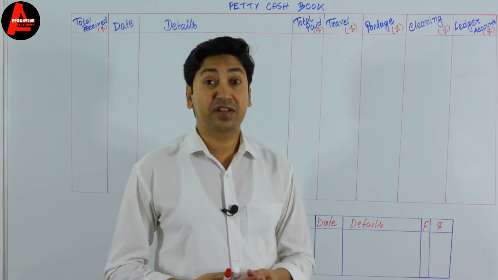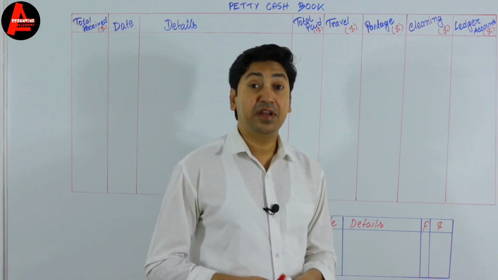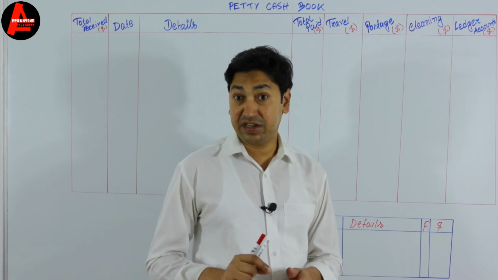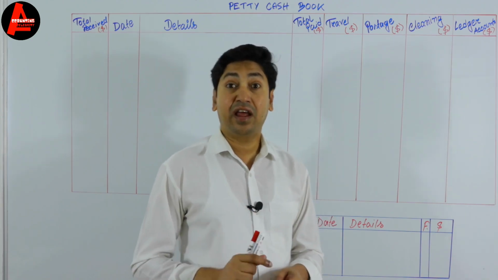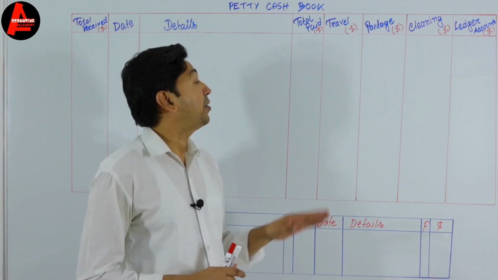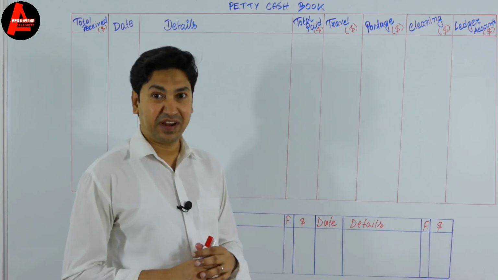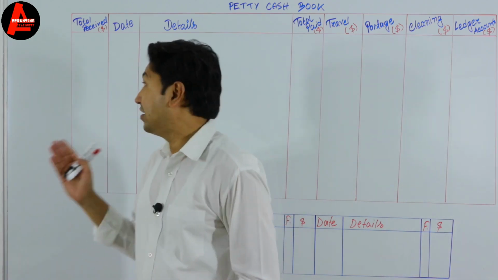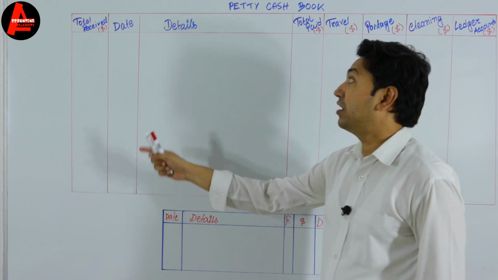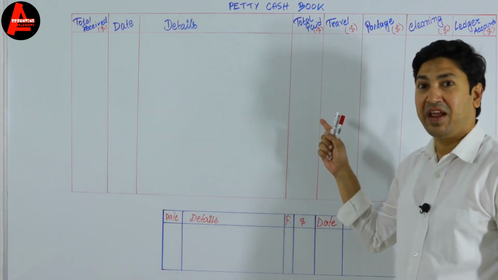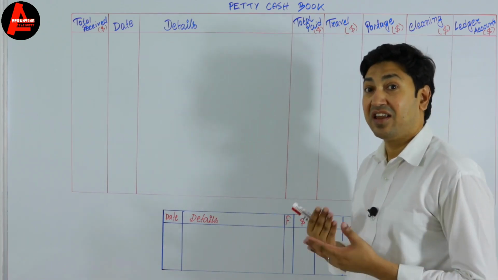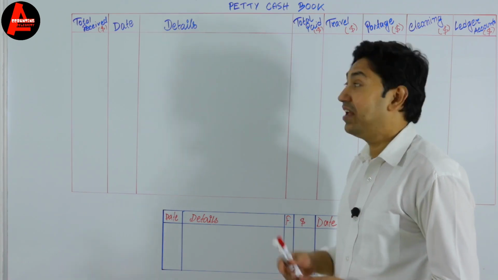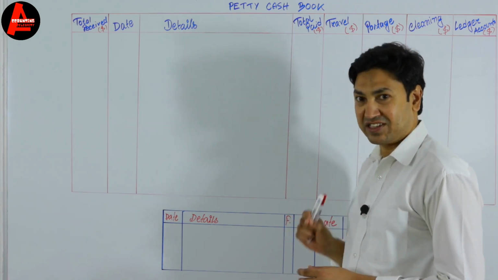And the good thing is, in your exam it will be clearly written in the question how many analysis columns should be made in the petty cash book. But these four columns, total receipt, date, detail and total paid, are compulsory. You have to maintain these columns.